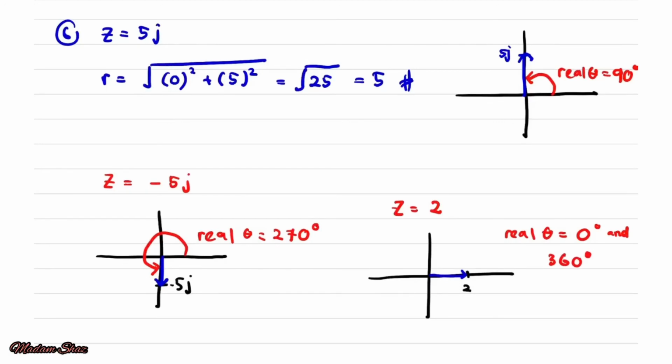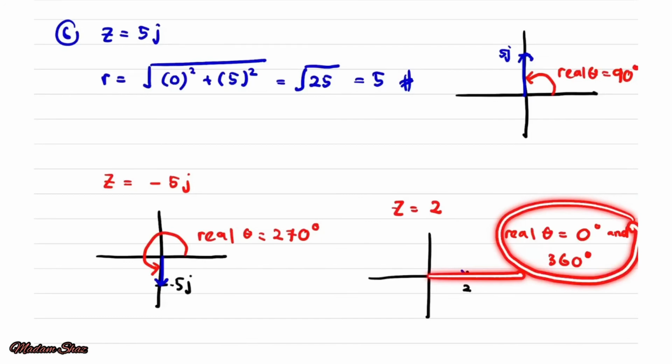Why 360 degrees? Because the real theta is moved from the positive x-axis until it touches the complex number. So that's why theta is equal to 360 degrees. So if your z is located on the positive x-axis, your real theta will become 0 and 360 degrees.